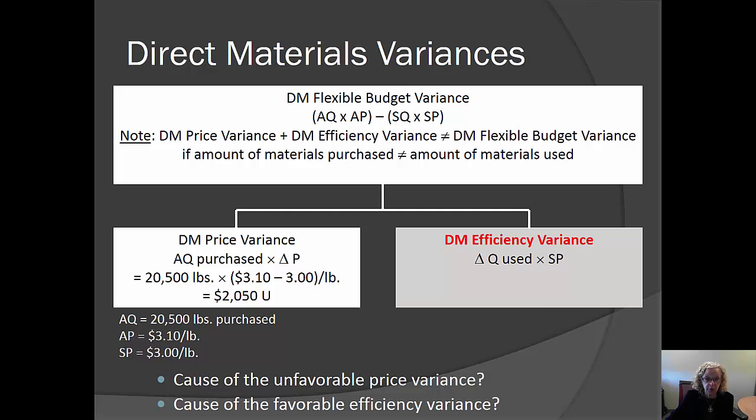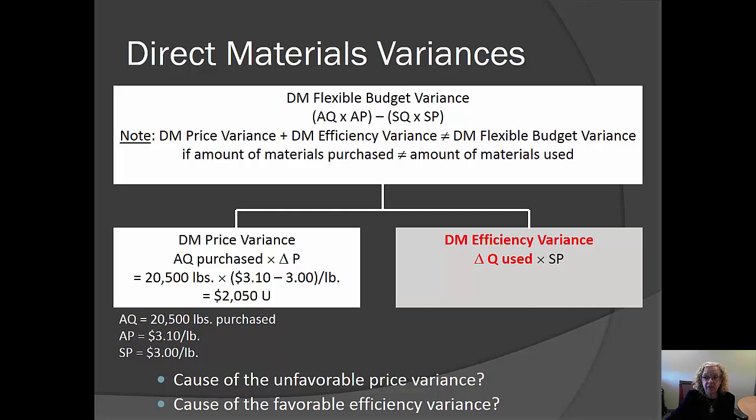Remember, we're going to use standard price because we already considered the direct materials price variance. So here we are saying, let's assume that there was no price variance. How much dollar difference did that difference in usage make?